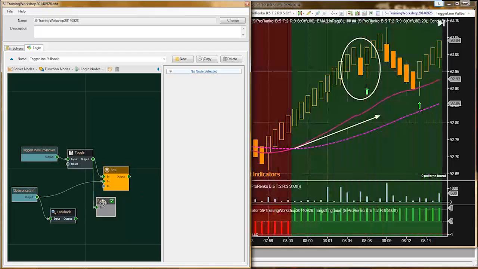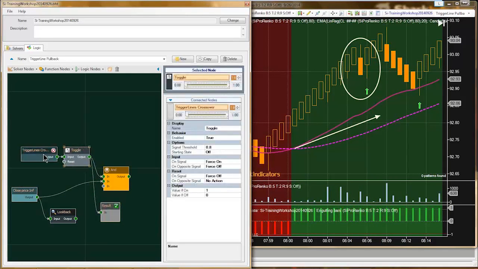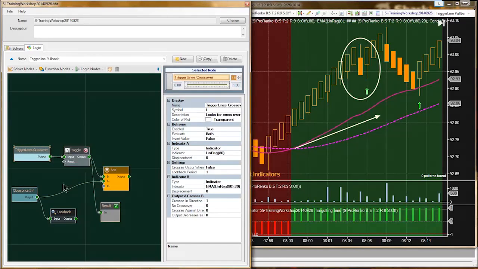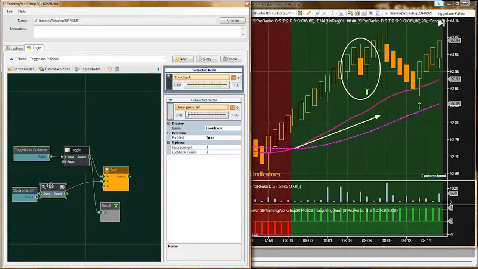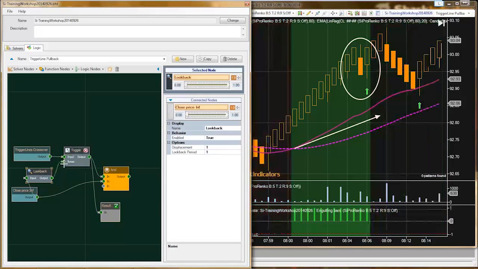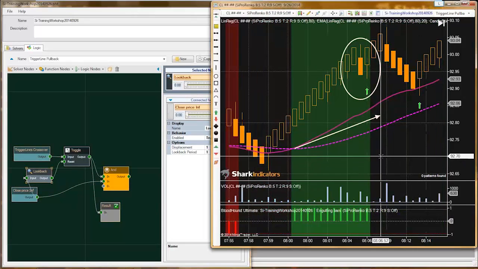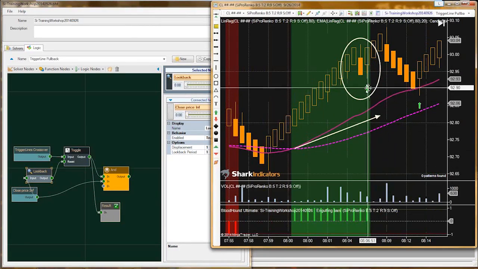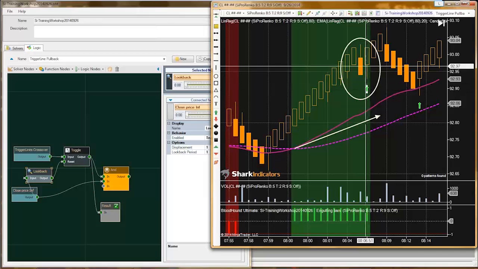So let's take a look at the toggle node again, and now we'll take this look back, connect it into the reset, and there we go. So now look at this. Now the toggle node is on until we actually get the reversal bar up.